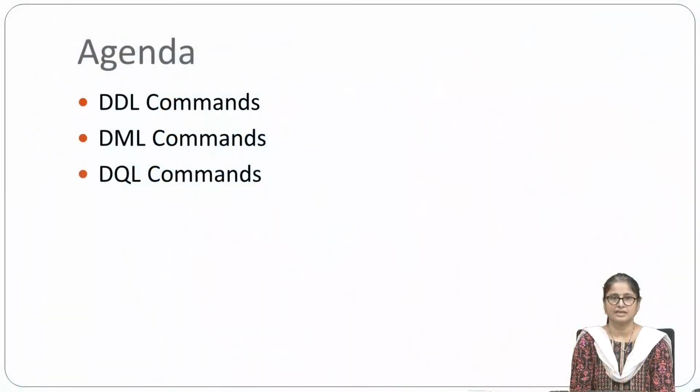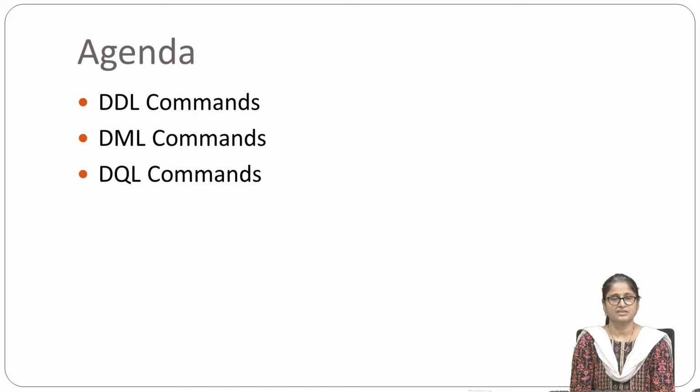So, in today's lecture, we are going to discuss each and every SQL command in more detail. The agenda of today's lecture is to discuss DDL commands, that is, data definition language.